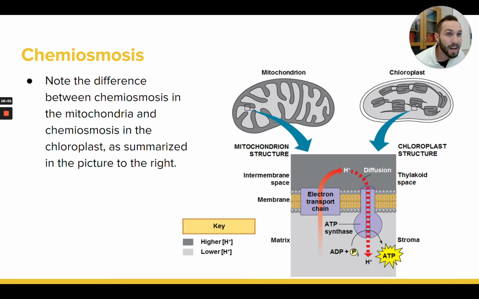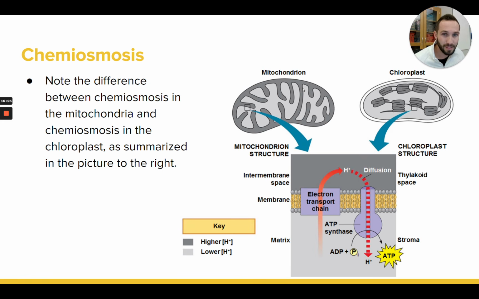That's where there's going to be a high concentration of hydrogen ions. And there's going to be a low concentration of hydrogen ions outside the thylakoid, which is called the stroma, this light gray area. So in chemiosmosis, ATP synthase is going to use that flow of hydrogen ions from the thylakoid space, from inside these discs, to outside the discs in the stroma to power the production of ATP.